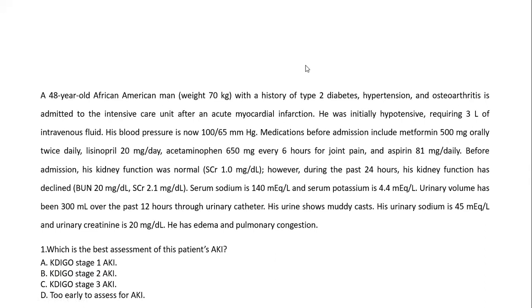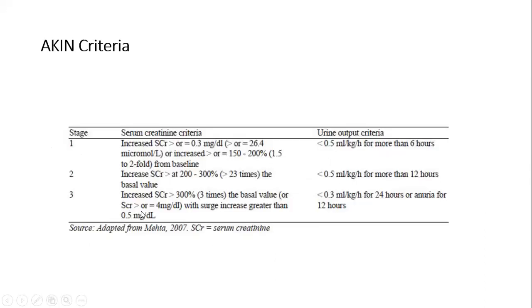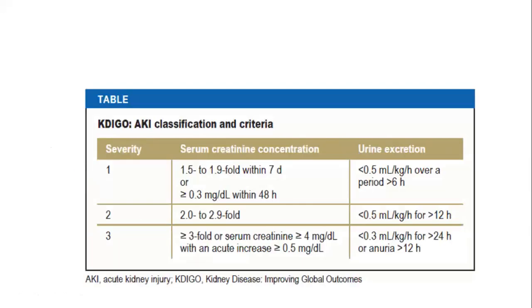Anybody else? If you want to have a look, because this is mathematical and it takes some time to absorb, just look at the classification that we just discussed. I don't want to be too fast just to cover everything and not make things clear. So in KDIGO, a serum creatinine rise of 1.5 to 1.9 fold is stage 1, and 2 to 2.9 fold is stage 2.